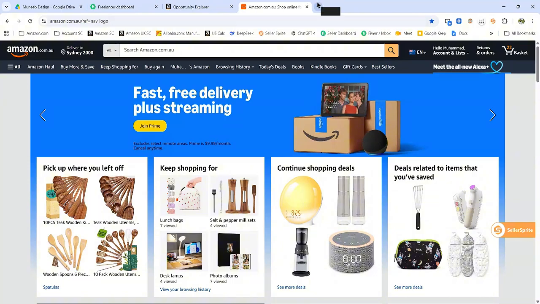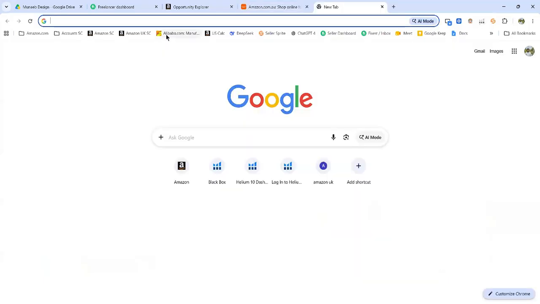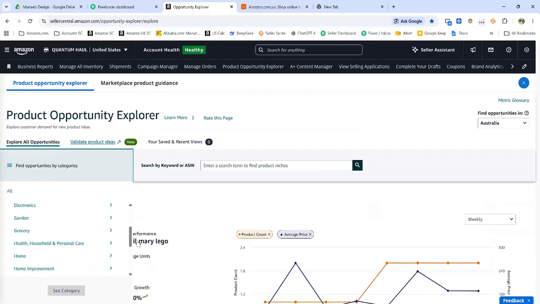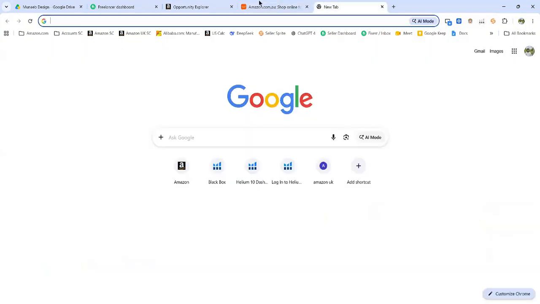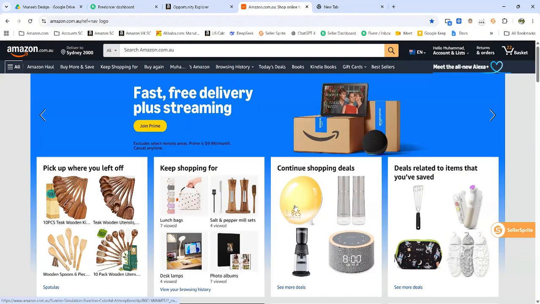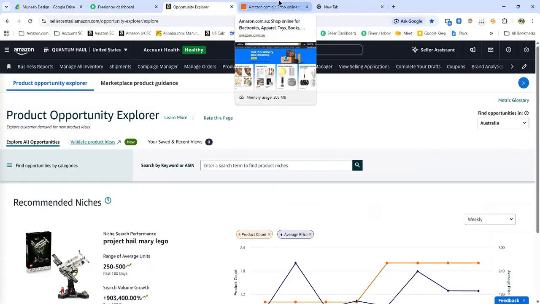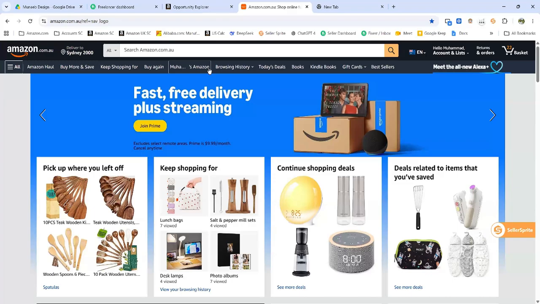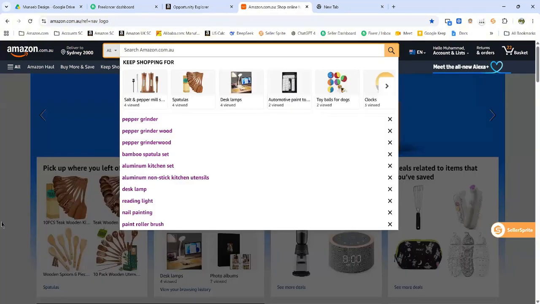So last time we discussed, we took ideas from Alibaba.com. So far we've got ideas from Amazon categories and from Product Opportunity Explorer categories. And we also discussed that we can take an idea from anywhere, be it any physical shop, maybe any mall we are visiting, and we saw a product and we think it can be a good fit for Amazon selling, and then we can come to Amazon and search it.